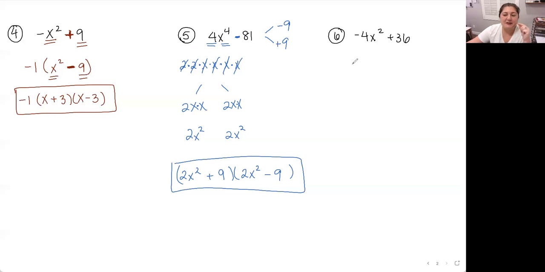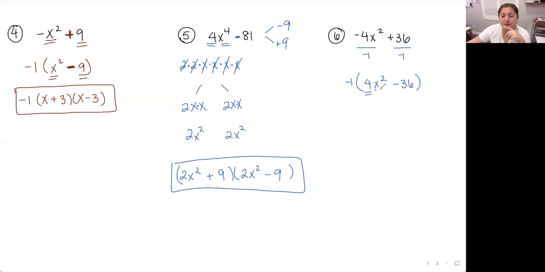So the very first thing that you're going to do is take this negative and factor it out. So I'm going to divide each of my terms by -1, and I'm going to leave -1 on the outside, and then I'm going to end up with 4x squared minus 36, okay? And then I'm going to notice that all of these are actually perfect squares.